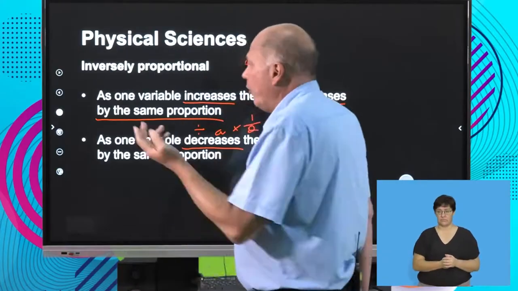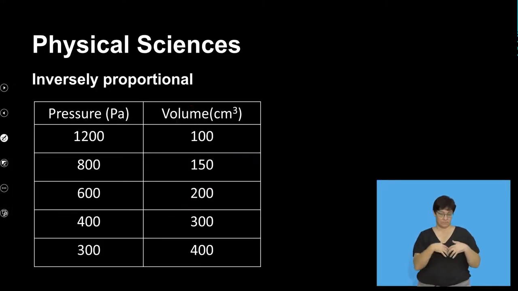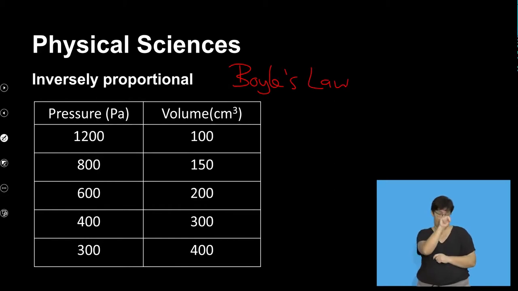So there's all sorts of apparatus we can use to measure this. And it is an experiment that is called Boyle's Law, which you may come across. But I've just taken some data here to look at it. It's not really important to explain it in terms of Boyle's Law, but simply to look at the data.